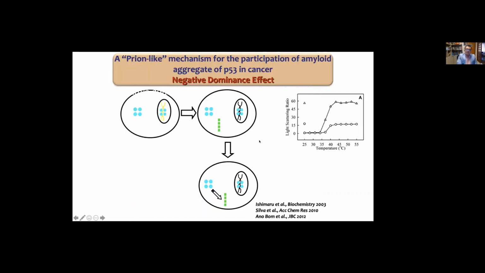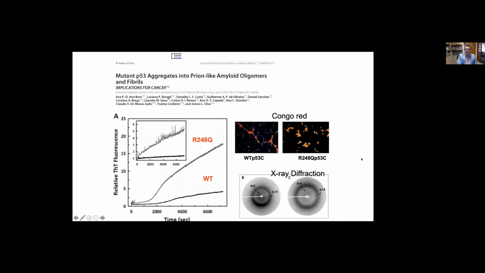We proposed at that time that this would explain the dominant negative effect that occurs in tumor cells: if you have co-aggregation of the wild type with the mutant, you would have loss of function and the dominant negative effect.